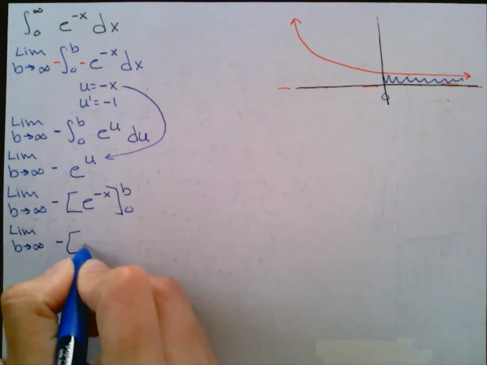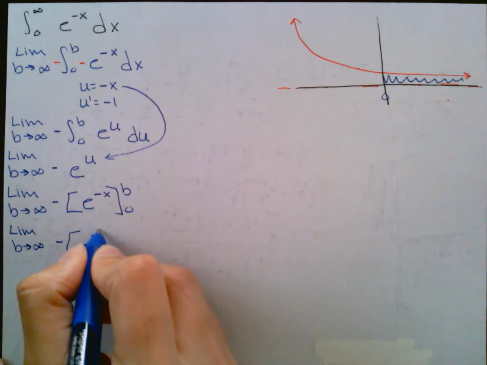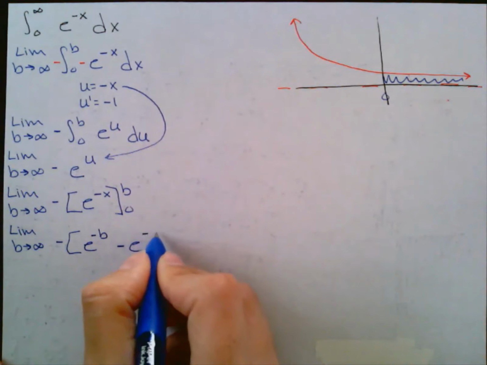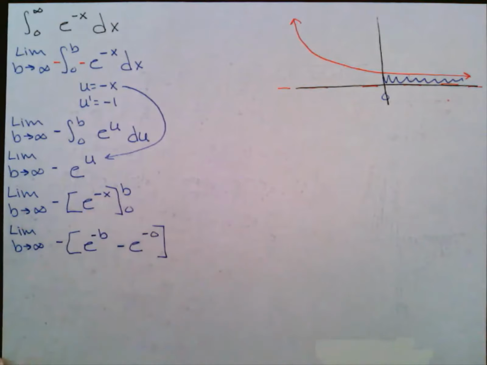My function at b minus my function at a, which in this case is 0. Remember, having a negative exponent is like writing 1 over that. So I'm going to go ahead and change that really quick.